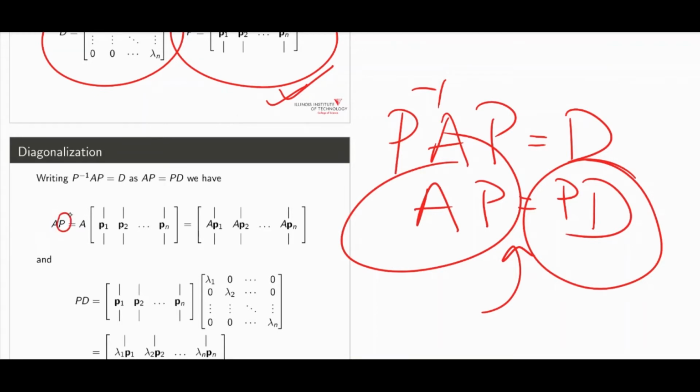If you write your matrix P as individual columns, then AP is A multiplied by P1, where P1 is the first column, placed in the first column. The second column of the matrix product AP is going to be AP2, and the last column of the product AP is going to be APn. This is what happens when you multiply A and P together.